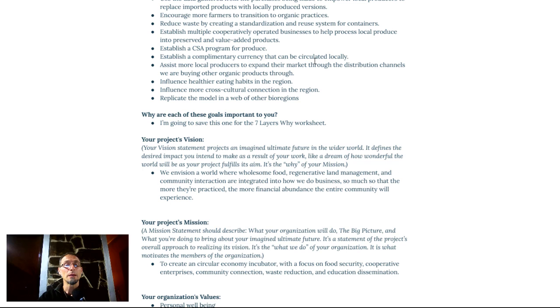The complementary currency is a long-term goal. Assist more local producers to expand their market, so we've got distribution channels through the Buyers Club that are going to be bringing food into our region. But then the cool synergy is when we've got people certified to sell their products through our network, they'll also be certified to sell it through the national distributors that send it to the grocery stores.